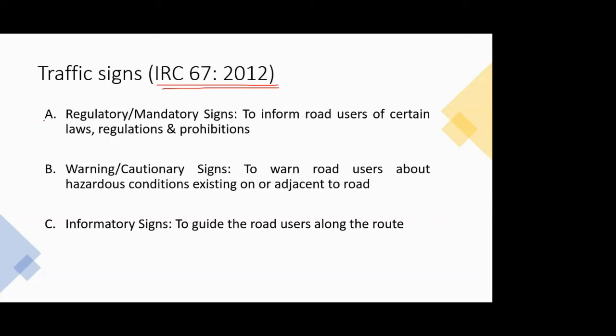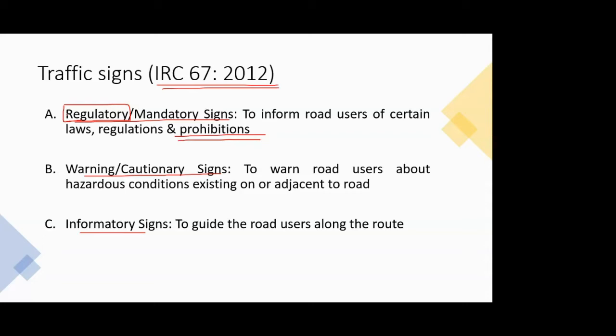In traffic signs, you have mainly three types. One is the regulatory or mandatory signs, the second is the warning or cautionary signs, and the third is the informatory signs. Regulatory signs tell you about a law, mainly prohibitions and that kind of thing.